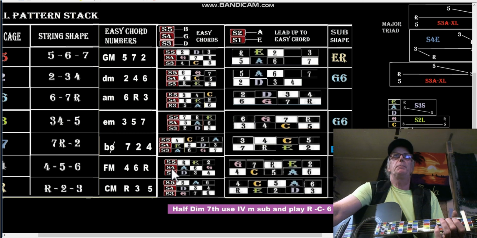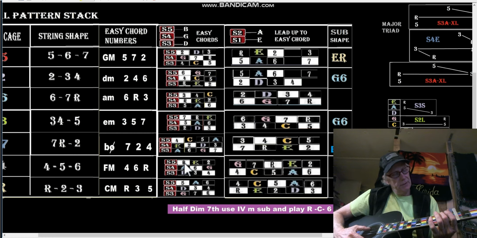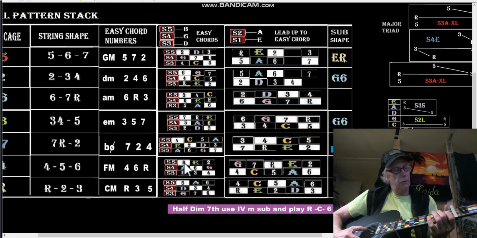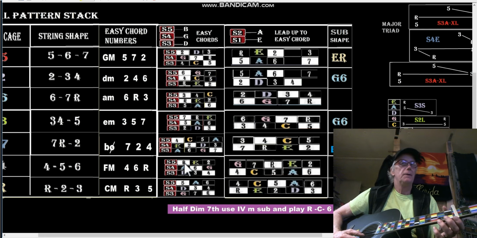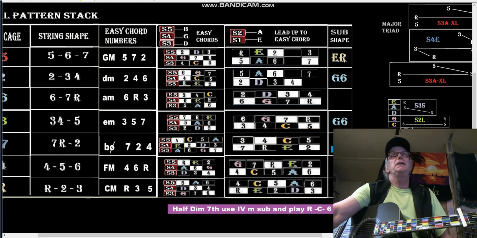Now look at the next 3 strings. We're going to go 4, 6, root again, okay? So how are we going to do that? We've got to find our E. 4, 6, and root again. That's the easy chord.